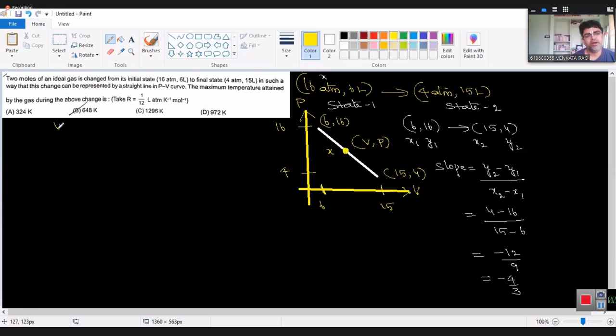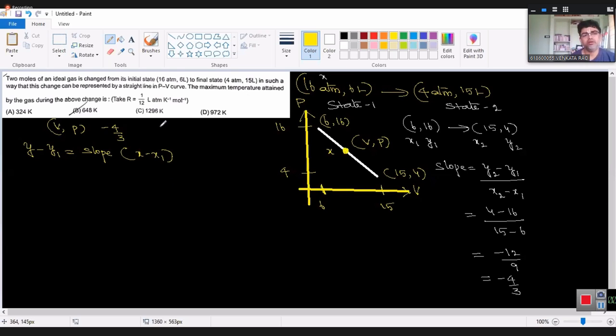Now I have a point V comma P and slope minus 4 by 3. Slope point form: how to find the line equation? y minus y1 is equal to slope into x minus x1. Right?